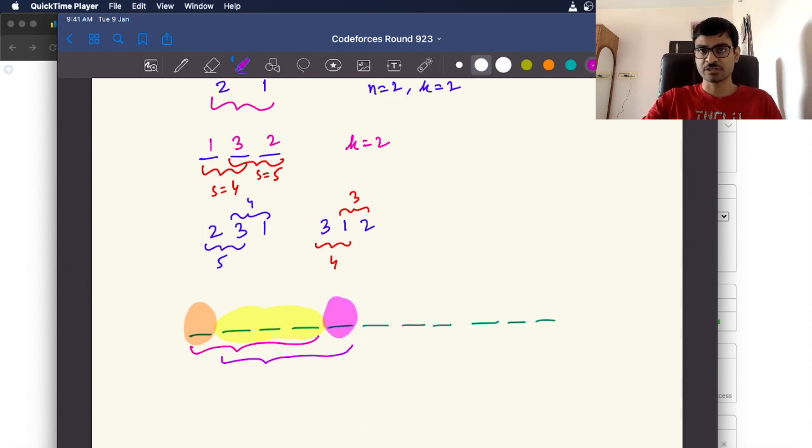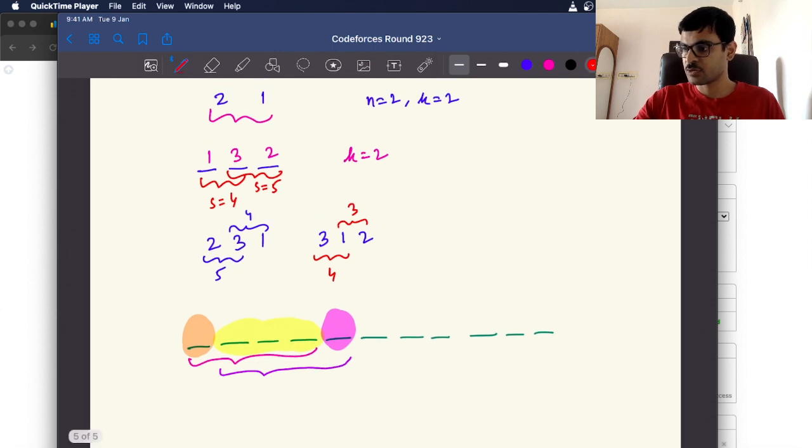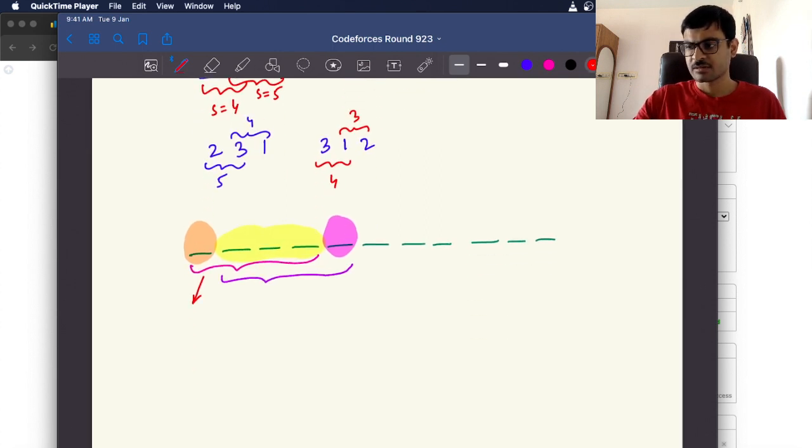Now that means this pink one is basically some common sum plus some constant plus the first element, that is a0. And the purple one is the same constant plus this one, which is a of 4.